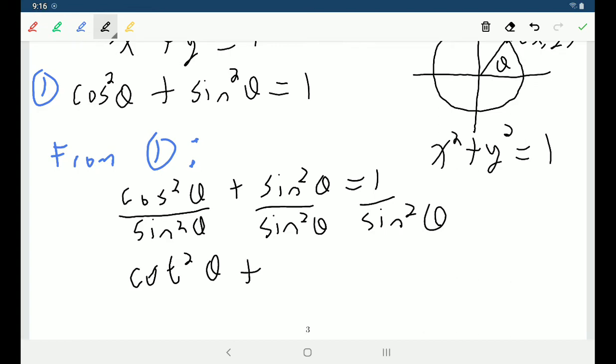Sine squared over sine squared, that's just 1. 1 over sine is cosecant, so 1 over sine squared, reciprocal of sine squared would be cosecant squared. And there we go, we have our second identity.